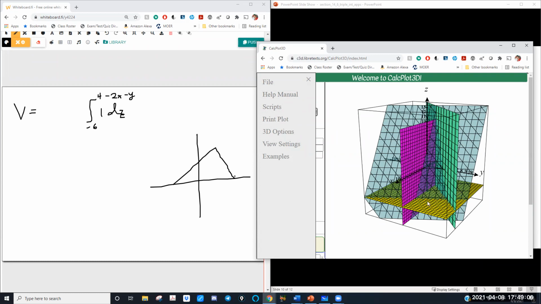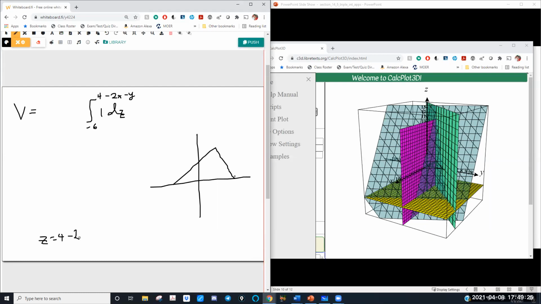So this line here is going to be where our main plane, our turquoise plane that I made a little bit transparent, intersects the plane z equals -6. Well, remember, that's z equals 4 minus 2x minus y. And we're looking at where it intersects z equals -6.